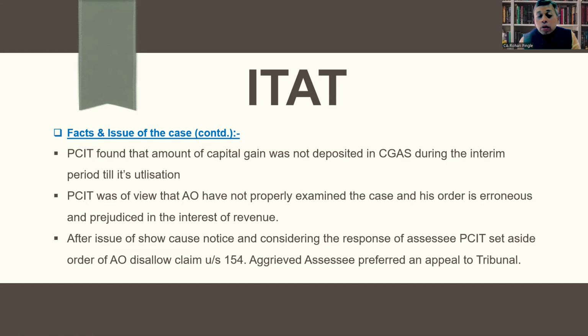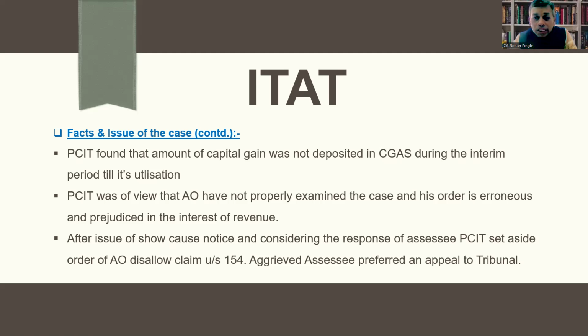This was the PCIT's observation. So the PCIT was of the view that the AO had not properly examined the case and his order is erroneous and prejudicial to the interest of the revenue.